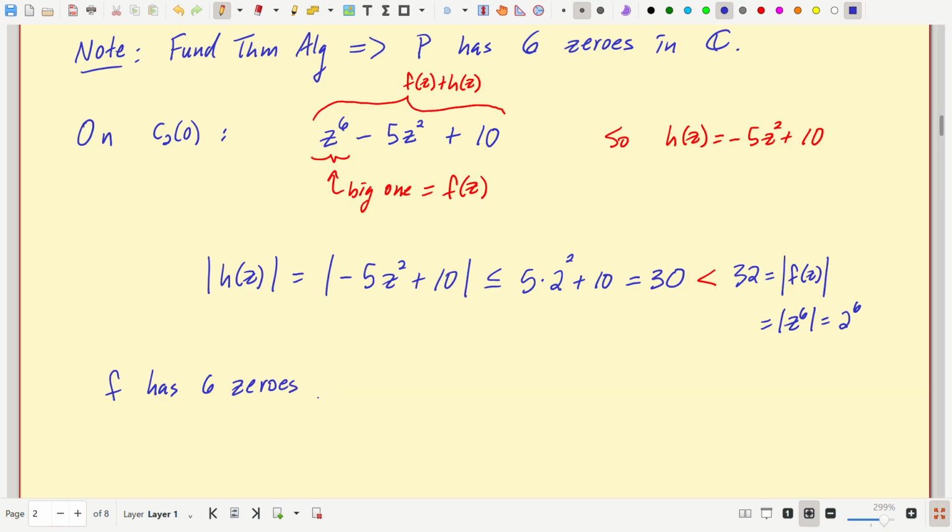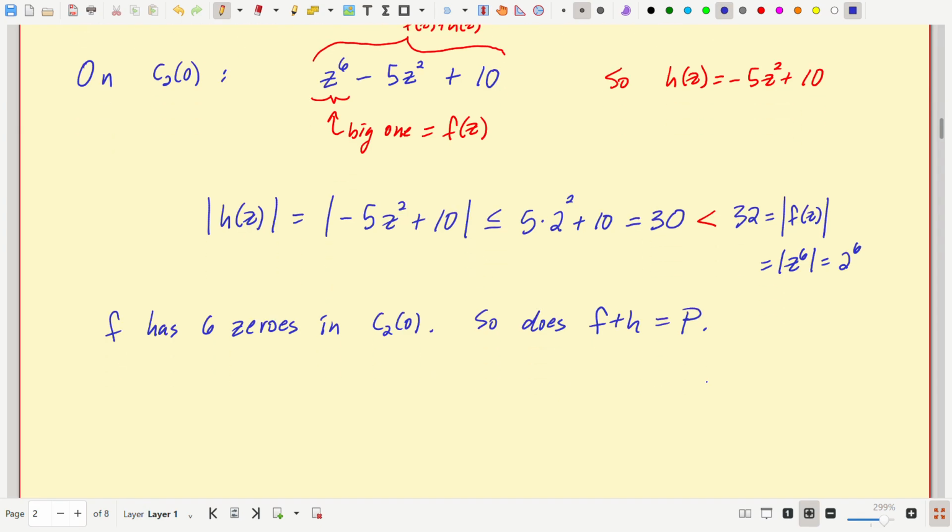It has one zero of order 6. So it has 6 zeros in C2. So does f plus h, and that's my polynomial. Okay, so all 6 are in there.